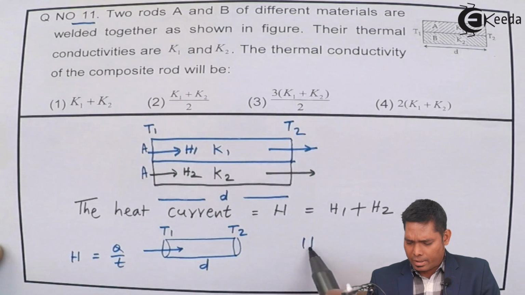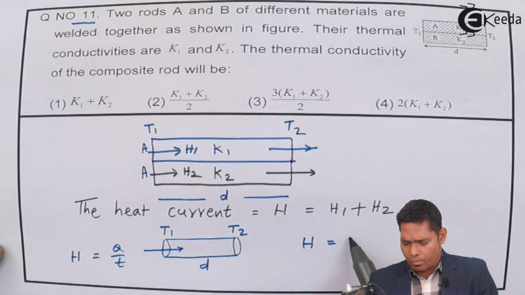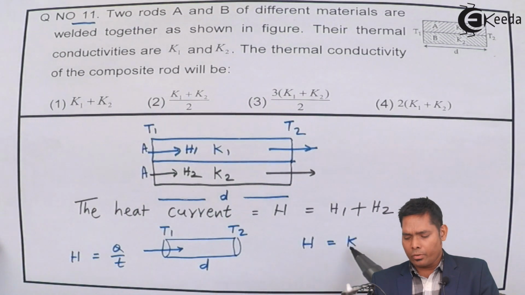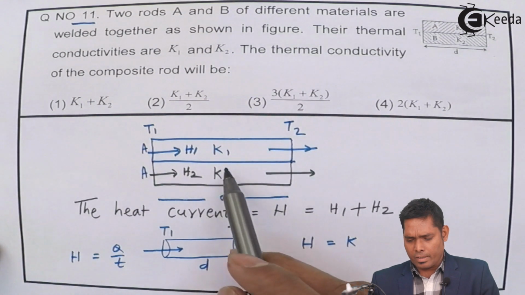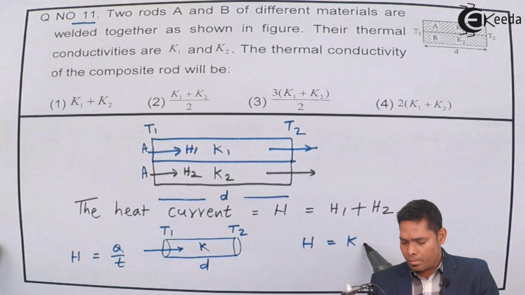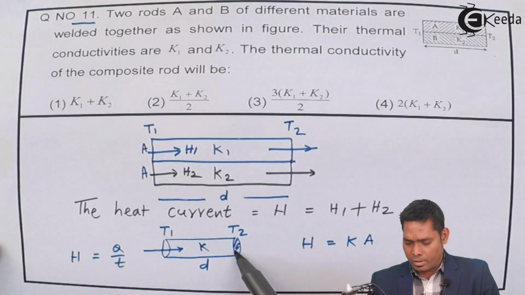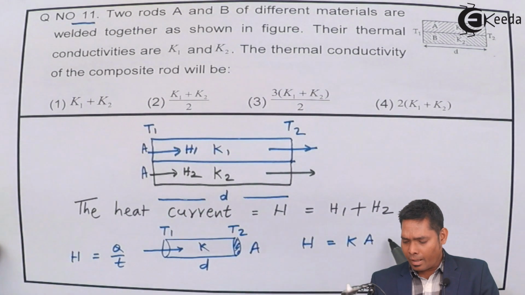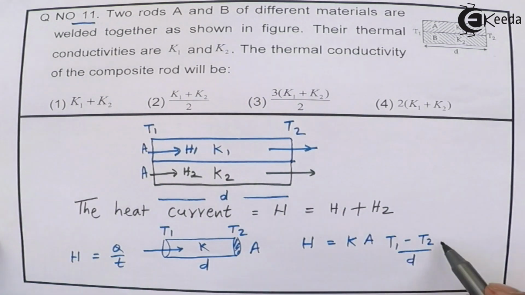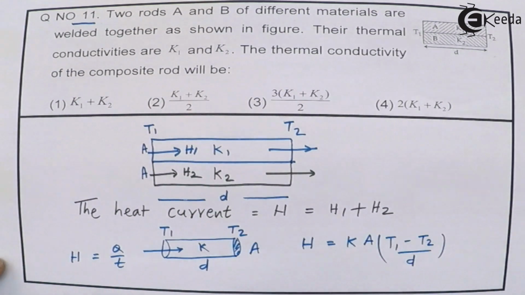That heat current is equal to K, the coefficient of thermal conductivity, multiplied by A, the area of cross section, and the temperature gradient, that is T1 minus T2 over D. This is the formula that we are going to use.